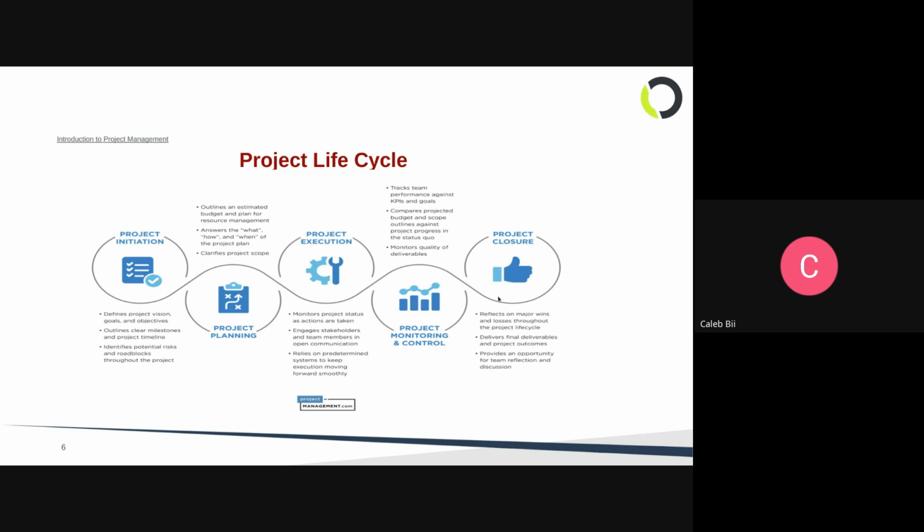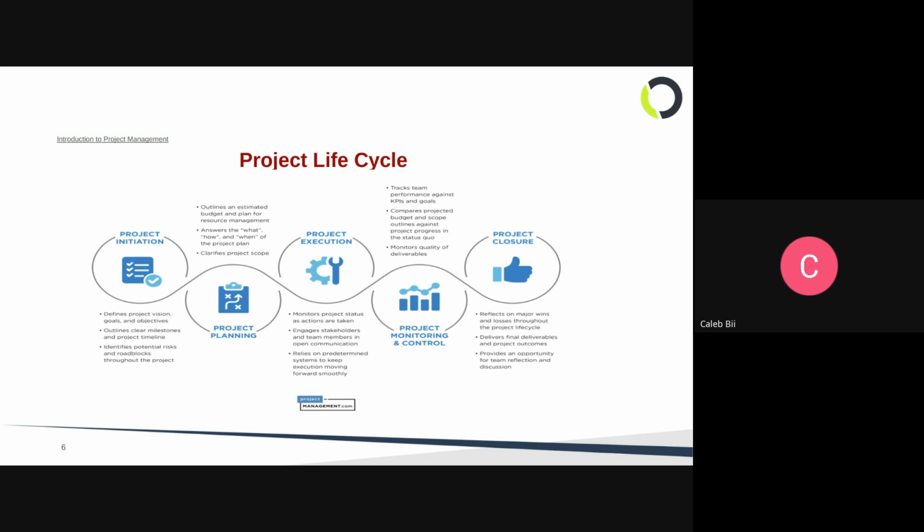What essentially happens in the project execution phase is that the project manager, or you as the product owner, engages with stakeholders. For the stakeholders, we are talking about internal and external stakeholders. These are your team members and the investors who actually invested in your project. You'll engage with stakeholders and ensure that the communication between you and the various stakeholders is concrete, such that anything that needs to be aligned on can be aligned on.